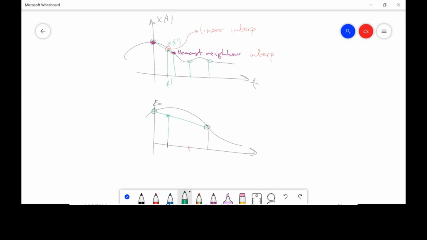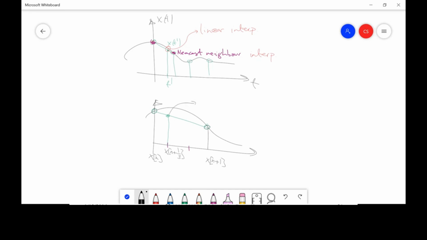This is x of n, this is x of n plus 1, and this is x of n plus 1/3.